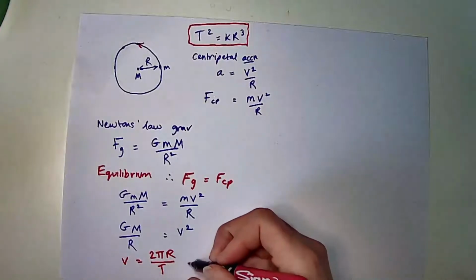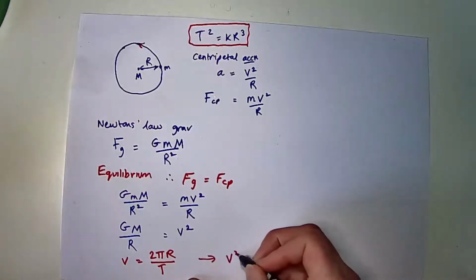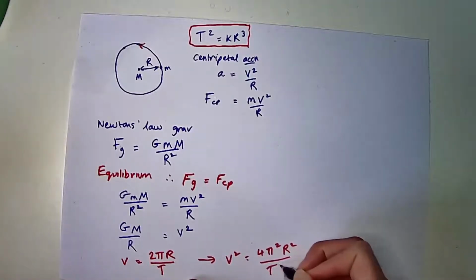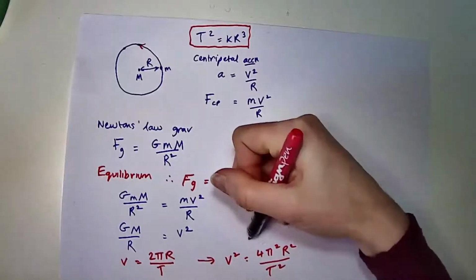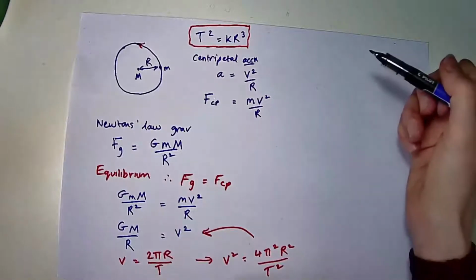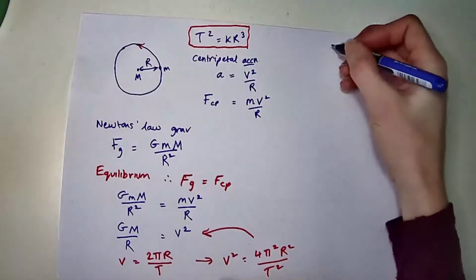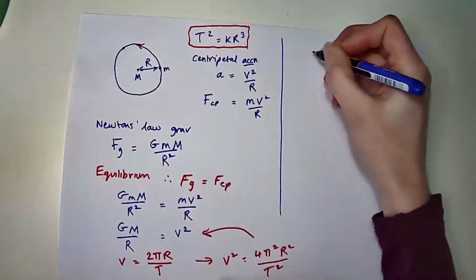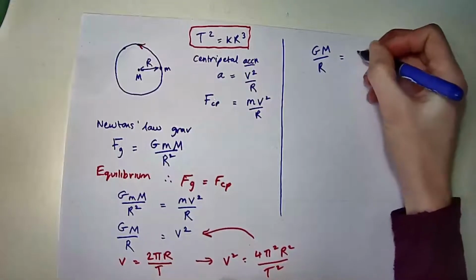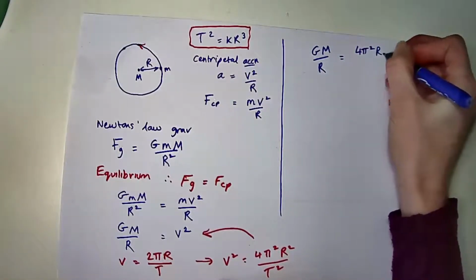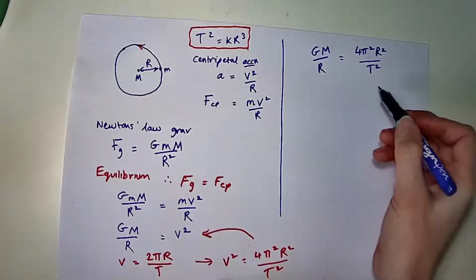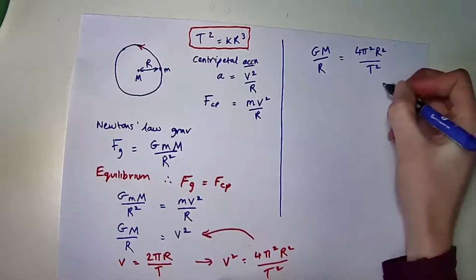So let's substitute that in. Let's go v squared equals 4 pi squared r squared over T squared, and put that in here. So now we have G M over r, and I'll rearrange this.